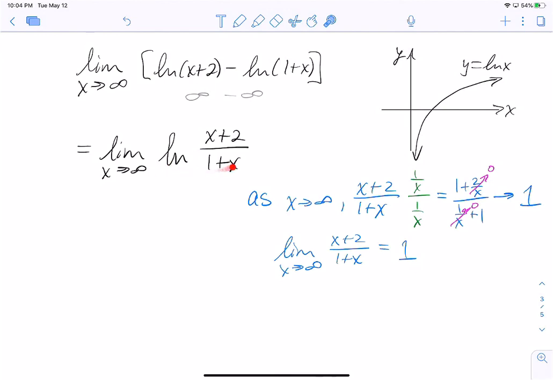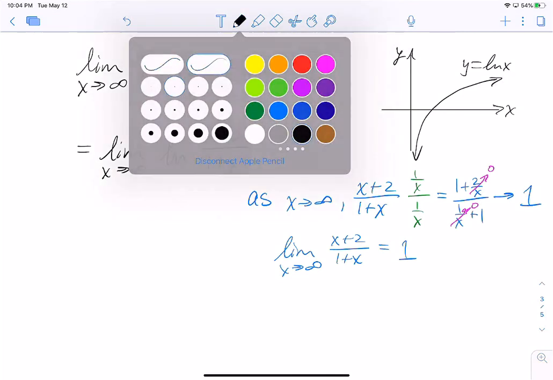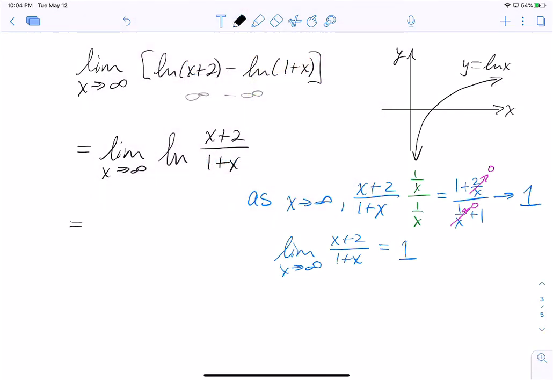So together with this property of logs, we're going to use a property of limits that says that a limit can essentially pass through a continuous function, in this case the natural log. So this becomes the natural log of the limit as x approaches infinity of x plus 2 over 1 plus x, which then becomes the natural log of 1, replacing the limit expression with what we know its value is.